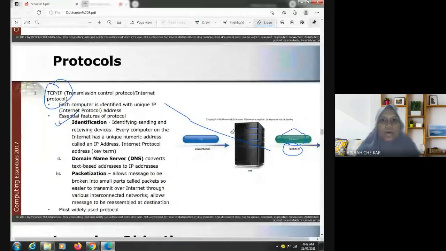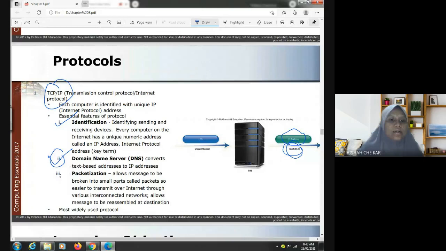For example, this one, so you can see here. If you Google your control panel, you'll find the IP address. Your computer also has its own unique number. So the first one is identification, and the second one, the protocol must have a domain name server. Server dia kat mana?